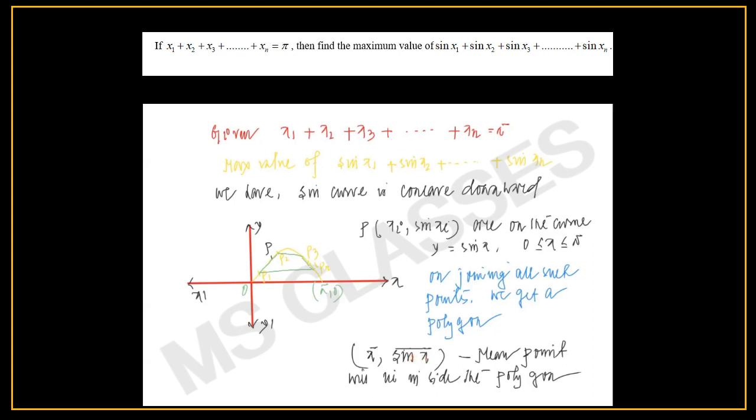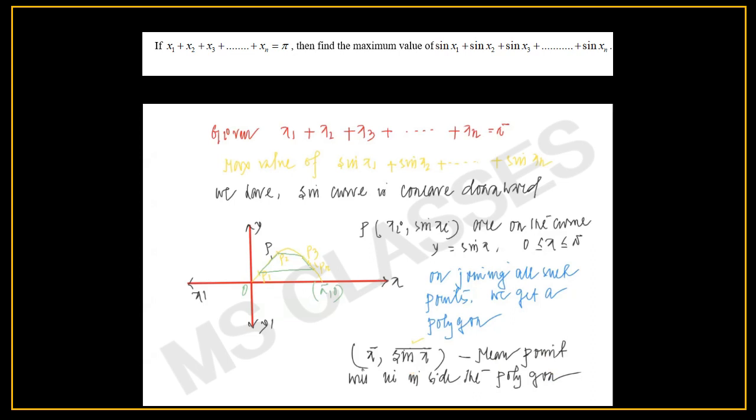We are taking the average of all the abscissa and the average of all the ordinates. That will lie inside the polygon for sure. Why are we saying mean point? Because it is the mean of the abscissas and the mean of the ordinates. This will definitely lie inside the polygon.